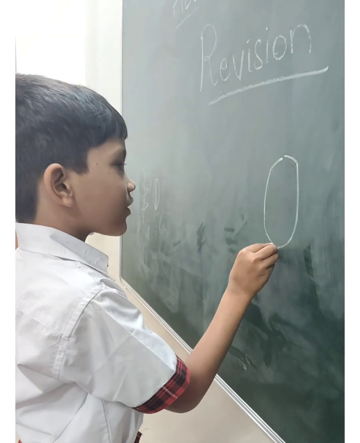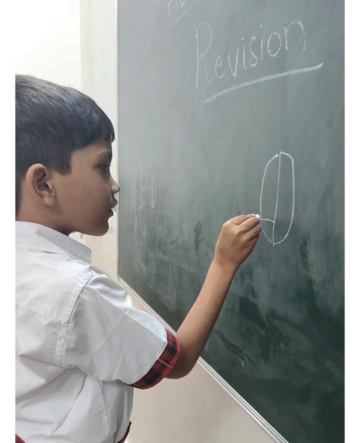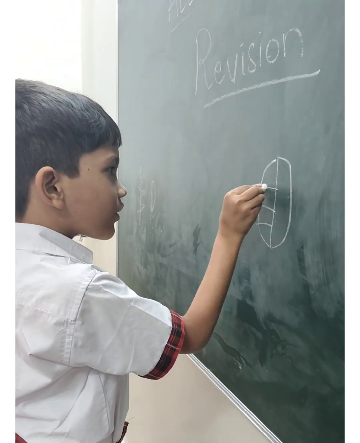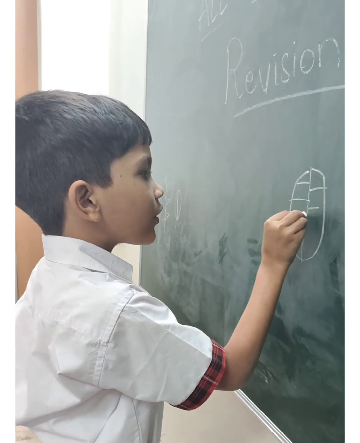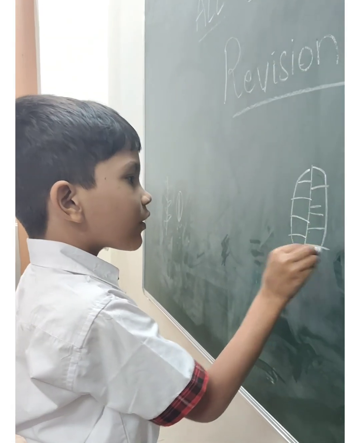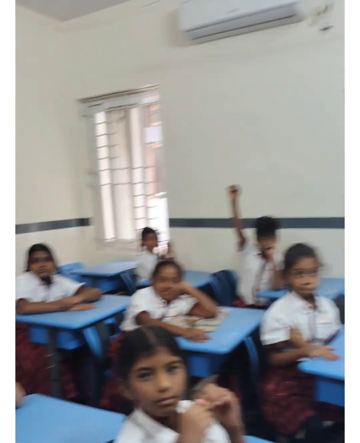Draw a standing line in between. So by this, can we say the leaves are of different sizes, different shapes, different colors also?